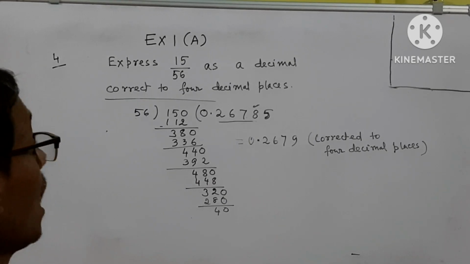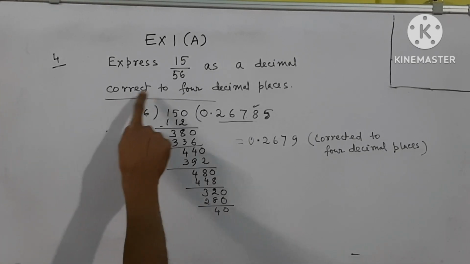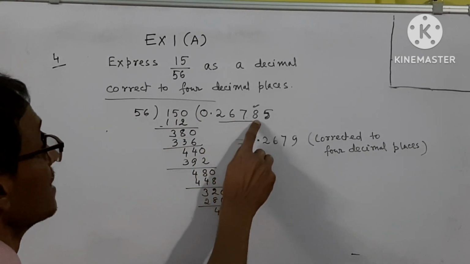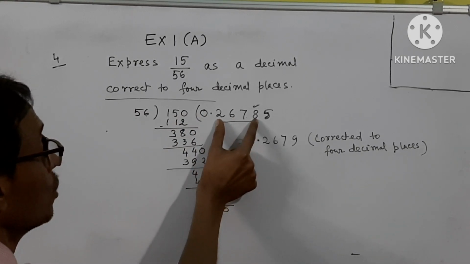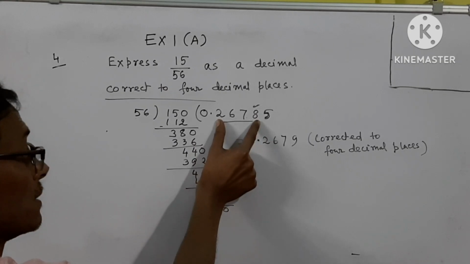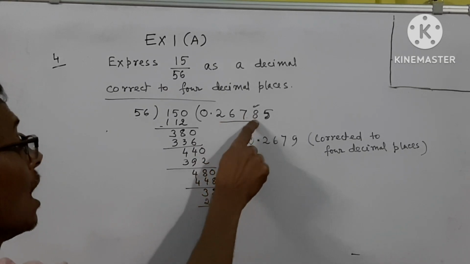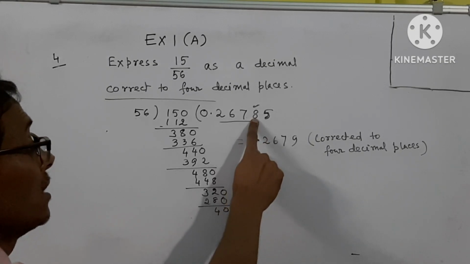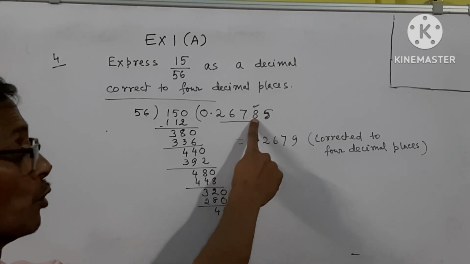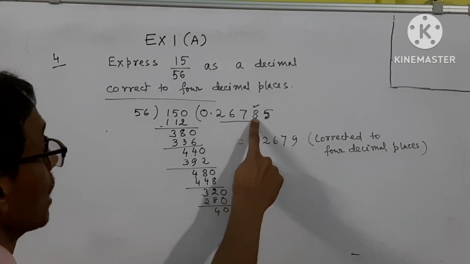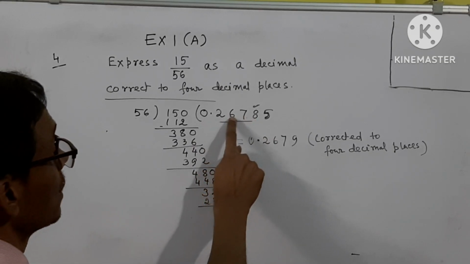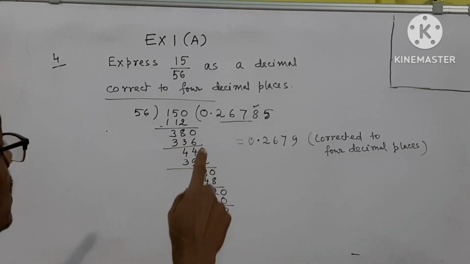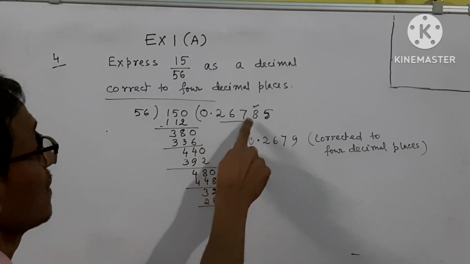If you had been asked correct to 3 decimal places, in that case you have to do the division up to 4 places, and then see the fourth place. It is 8, which is 5 or more than 5, so you can write 0.26, not 7 but 7 plus 1, that means 0.268.